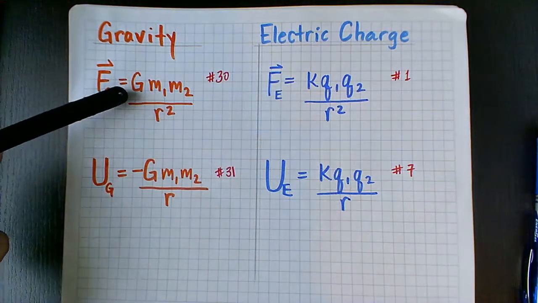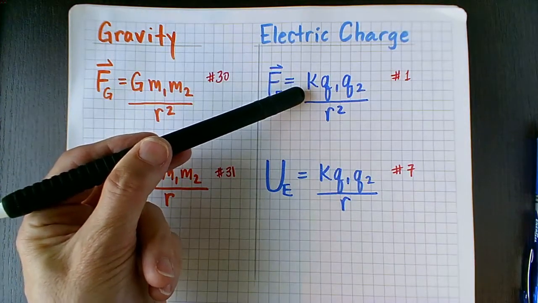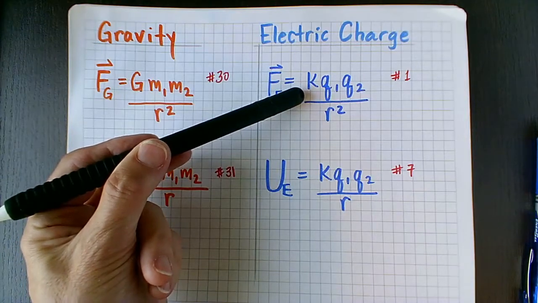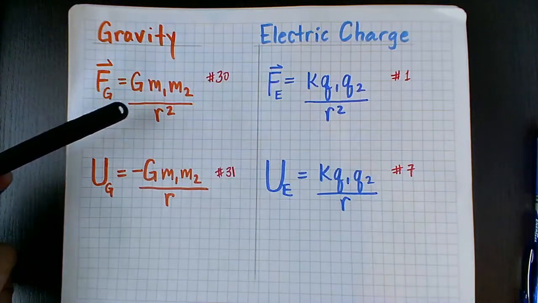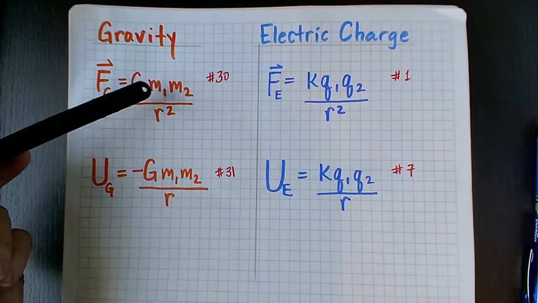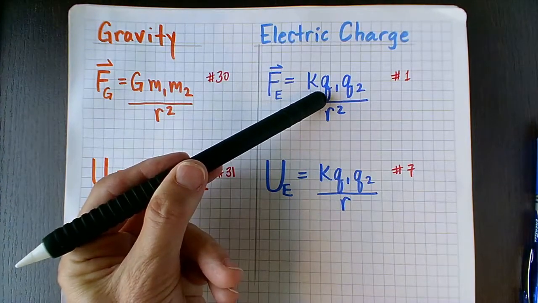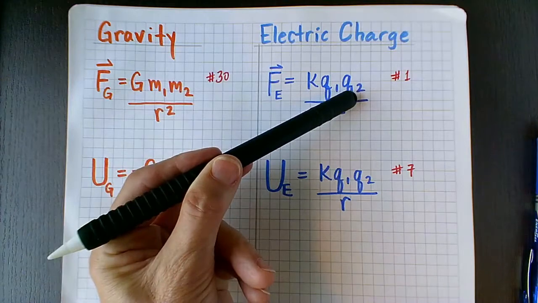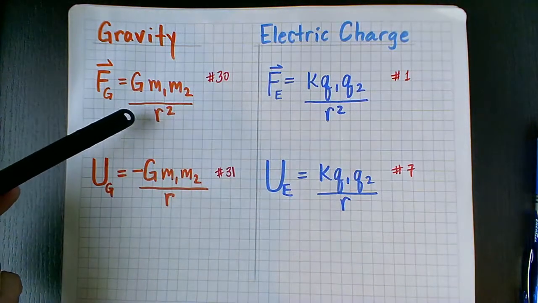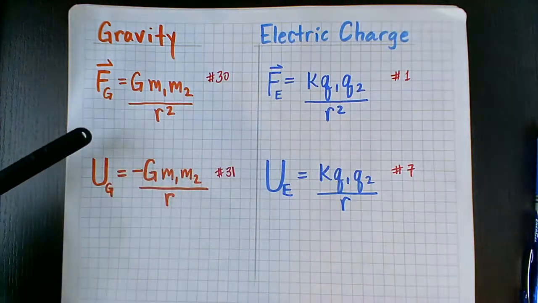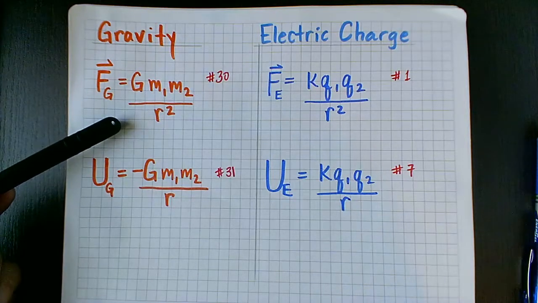In this case, it's the gravitational constant, big G. In this case, it's Coulomb's constant, 1 over 4 pi epsilon naught, which we're just calling K. But the constant multiplied by the two interacting objects, the two masses in this case, or the two charges in this case, where Q1 is the charge causing the field and Q2 is the little test charge, both divided by the square of the distance between their centers. In other words, inversely proportional to the square of their distance.